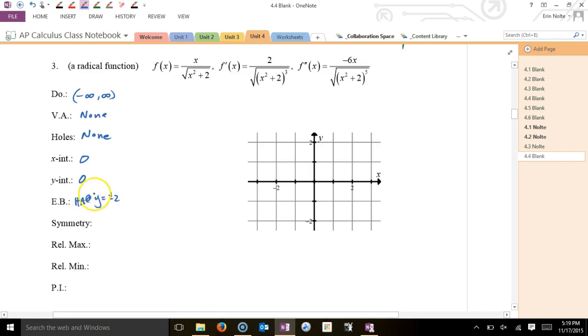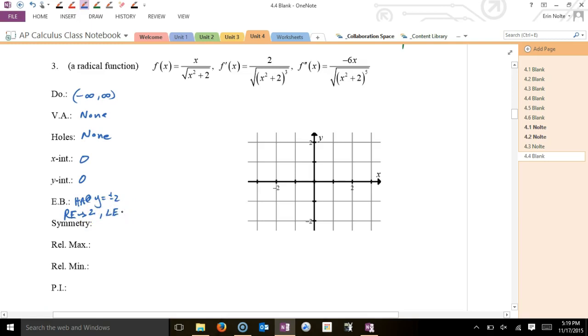So what I want to do is figure out to the right, is it going to the positive or negative? So if I think about my right end, plugging in some positive number. So positive, we're going to have positive over a positive. That's going to go to a positive number. So since we have an option of 2 or -2, the right end is going to go to positive 2.